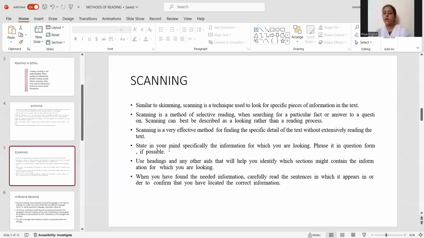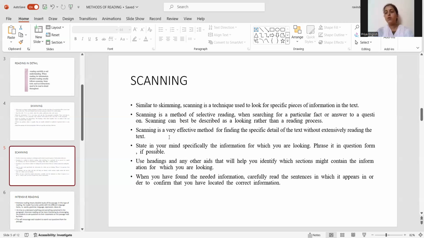So when you are doing scanning, when searching for a particular fact or answer to a question, scanning can be best described as looking rather than a reading process. So you're just looking for the specific information which you want at that period of time. Okay, so scanning is also a very effective method for finding the specific detail of the text without extensively reading the text.